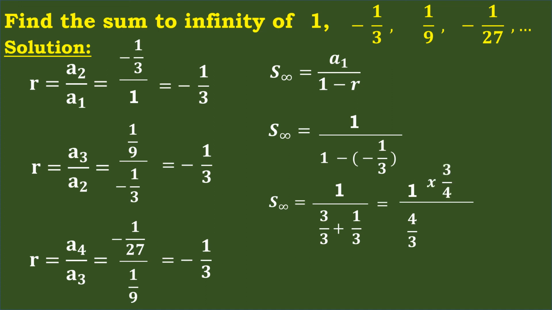So, multiply natin yung numerator sa 3/4. I-multiply din natin ang denominator sa 3/4. So, na-cancel na yung denominator. Ano na lang yung natira? 1 times 3/4. So, 1 times 3/4 is equals to 3/4. Therefore, the sum to infinity of the given geometric sequence is 3/4.